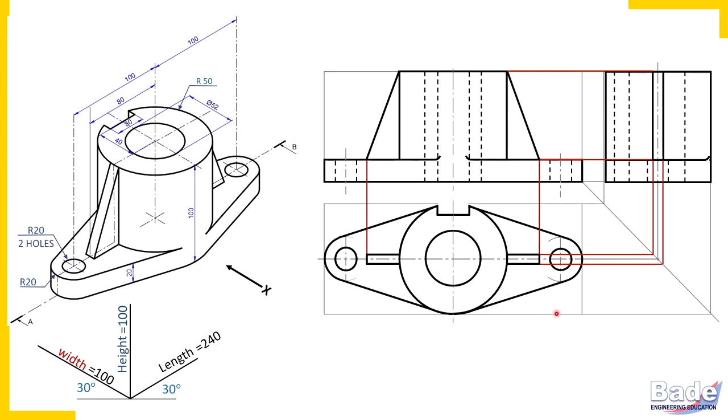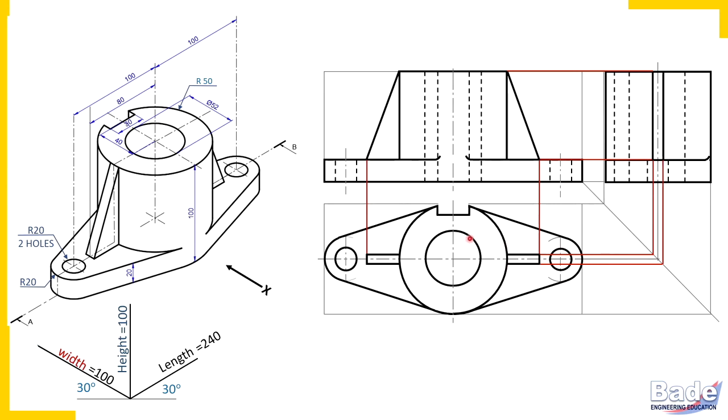You must draw the cutting line in the view in which there are fewer hidden details. Now we want to draw sectional front view. So we must draw the cutting line in the top view or in the side view. Now check the top view and also the side view. In the side view, there are many hidden lines involved.